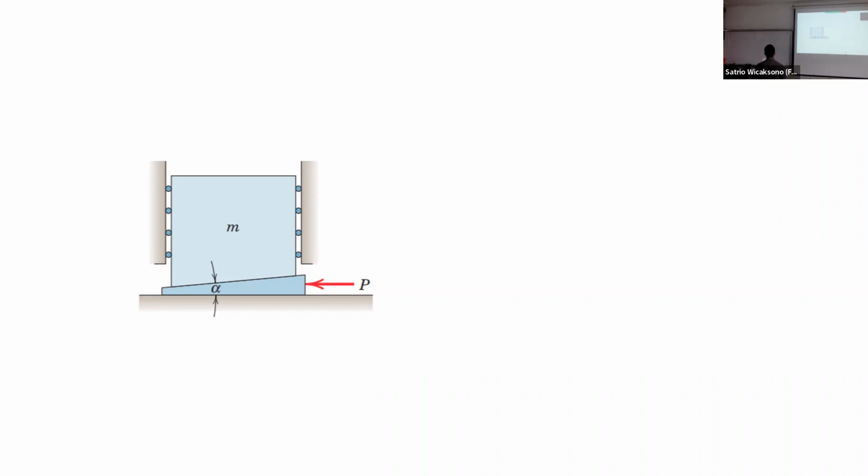Okay, if we know the value of mu s between the ground and the wedge, this one is mu s ground equal to 0.5, for example. And if we know as well the mu s between the wedge and the mass, the weight, is, for example, in this case 0.55.